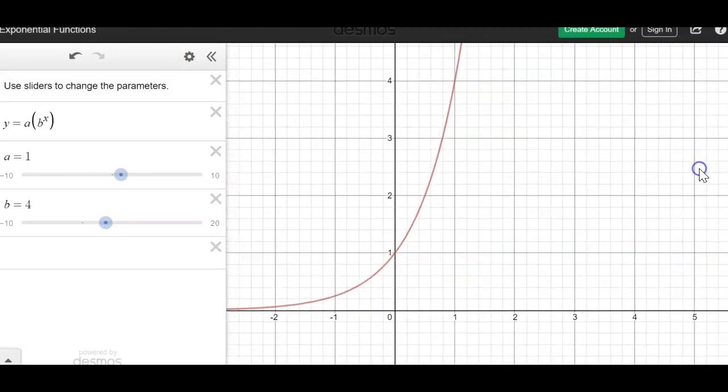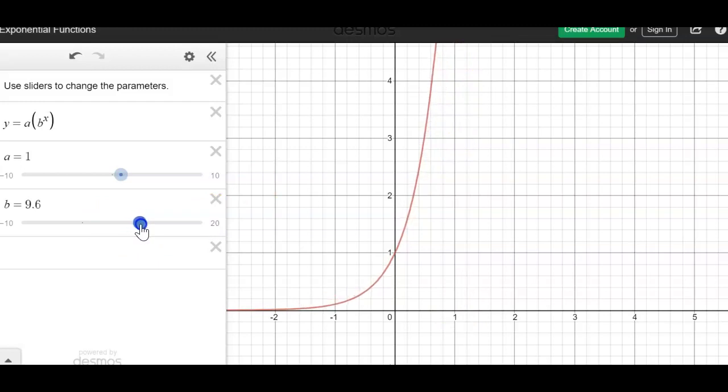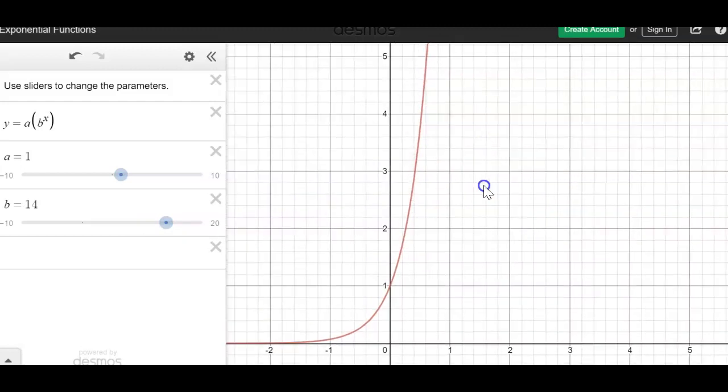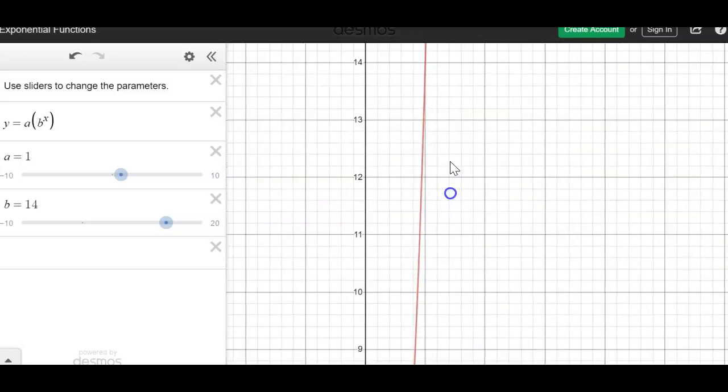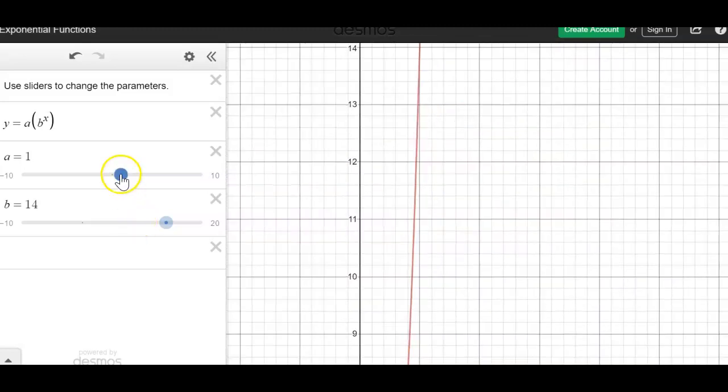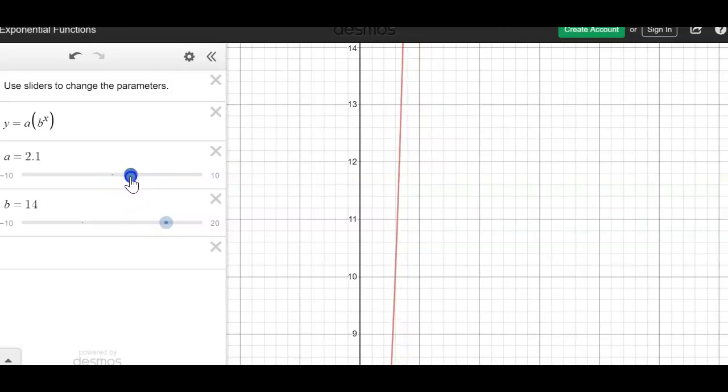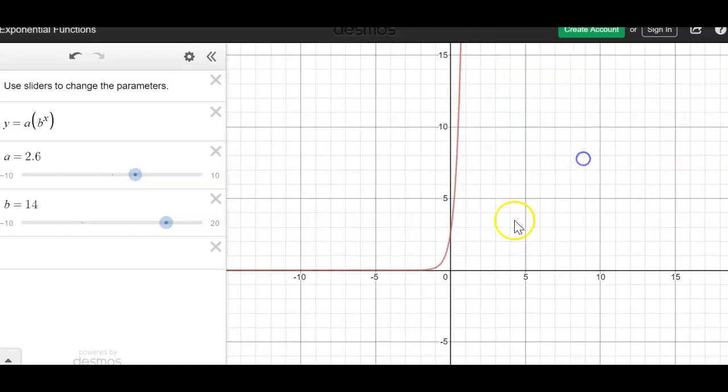See, when you're at x equals 1, you're already up at y equals 4. If we change b to a huge number, I mean, look, if it's at something like 14, multiplying by 14 over and over again is going to give you a huge, huge output, right? See that? Very, very high number. And then if we increase a even a little bit, the function just gets enormous, right?